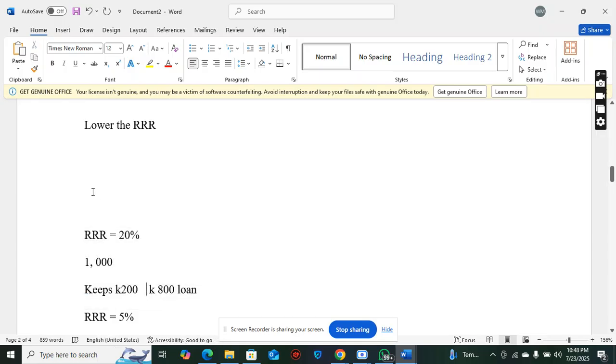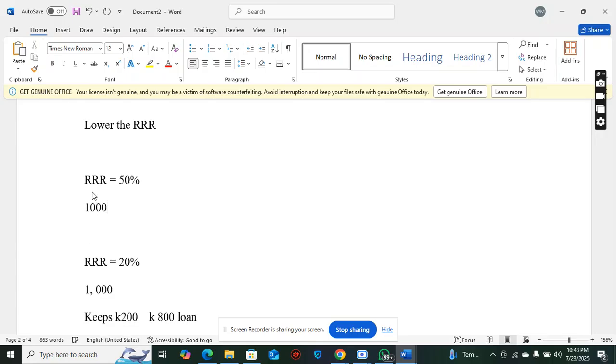Now, if the central bank increases the required reserve ratio to, let's say, 50%, it means if you put in 1,000 kwacha, the commercial bank is expected to keep 500 kwacha, and the remaining 500 kwacha they can loan out.